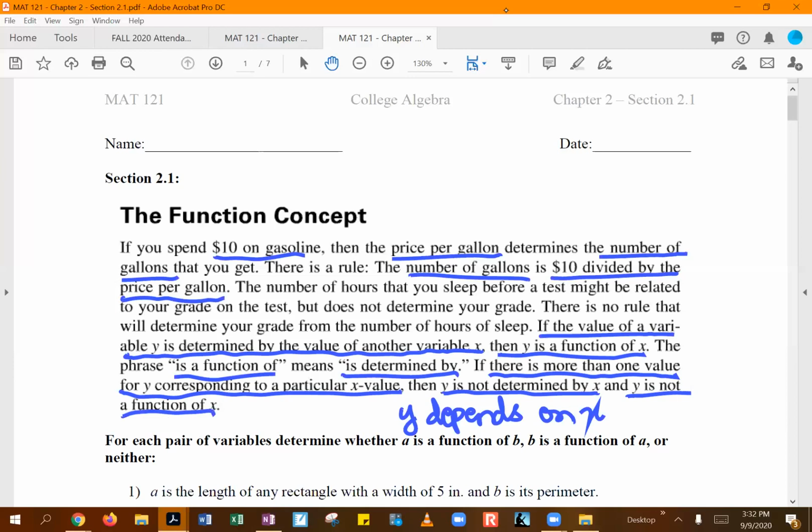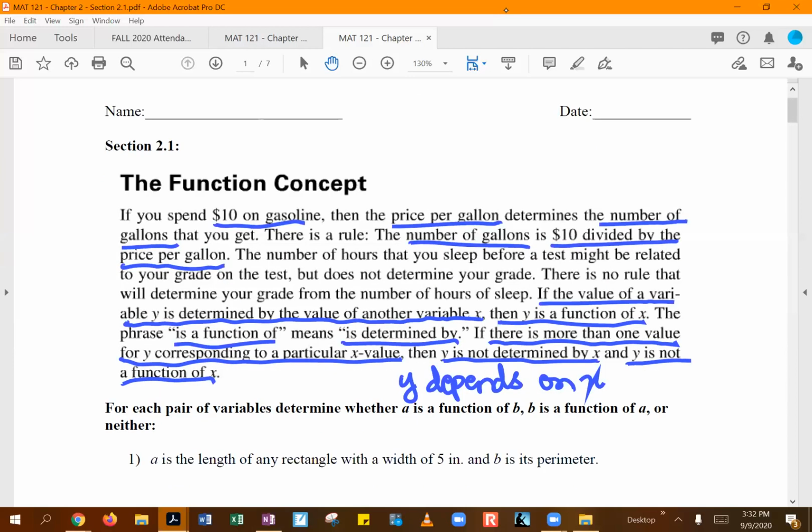So in that case we would say it is not a function. Again, if for a given value of x you can come up with more than one value of y, then that cannot be a function. So we will not consider that to be a function.